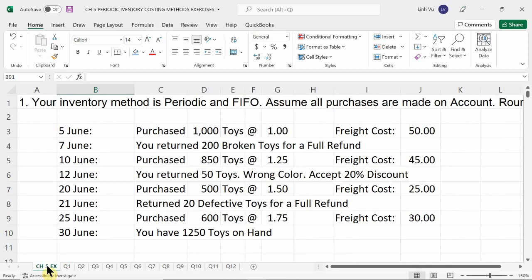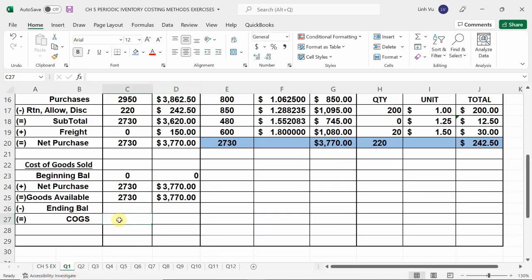So on June 30th, I had a total of 1,250 units. So 1,250 is my ending. Therefore, how many items did I actually sell?